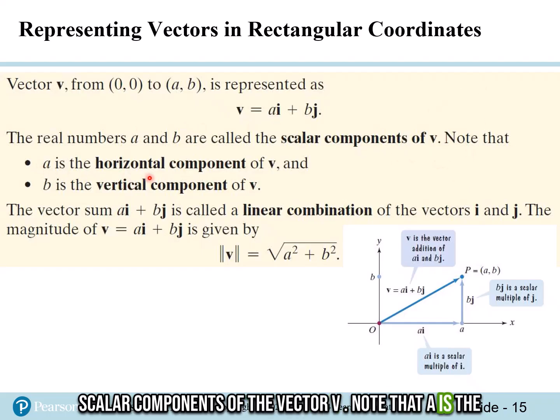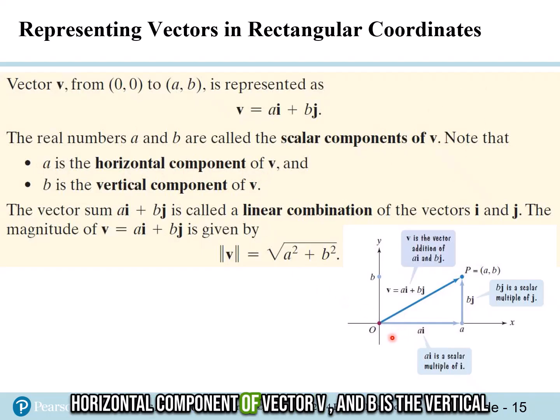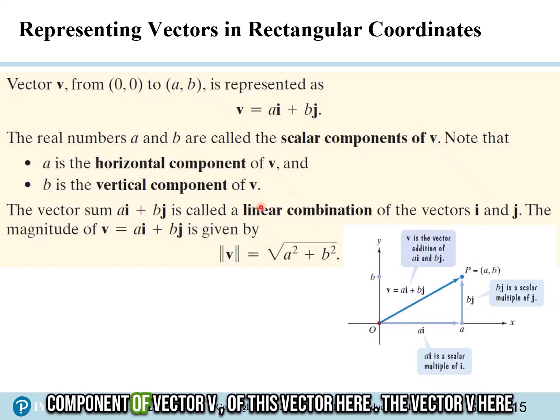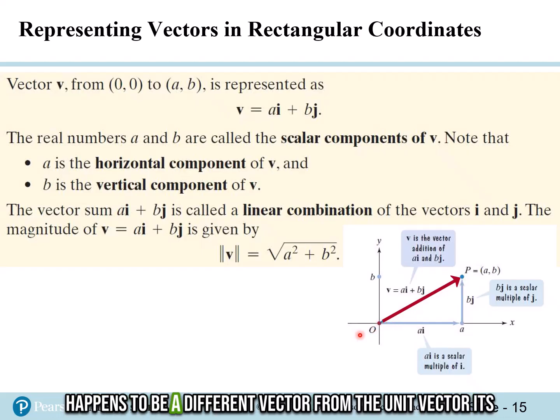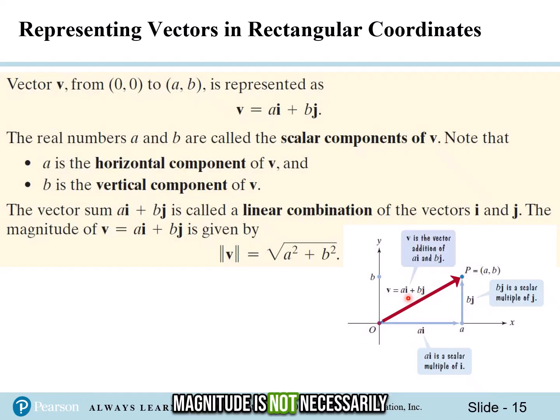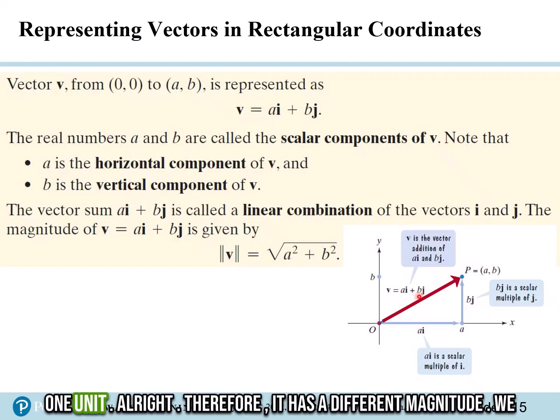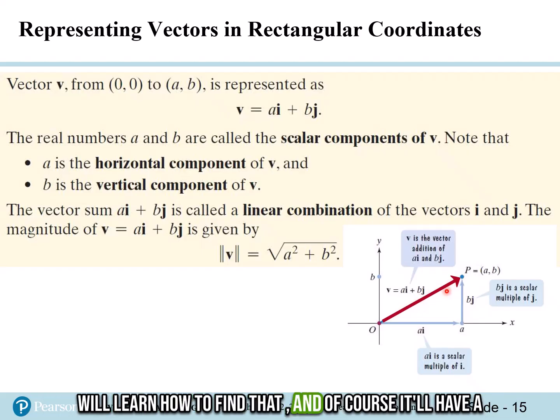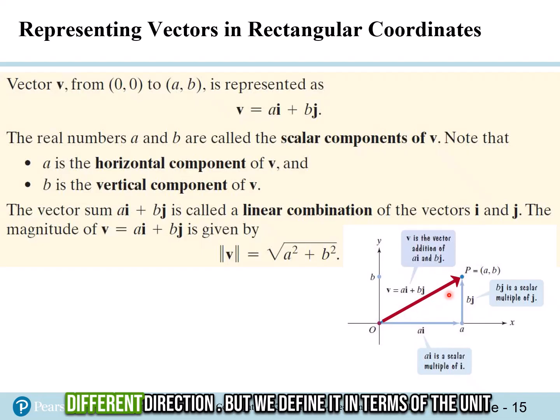Note that a is the horizontal component of vector v and b is the vertical component of vector v, of this vector here. The vector v here happens to be a different vector from the unit vector. Its magnitude is not necessarily 1 unit, all right? Therefore, it has a different magnitude. We will learn how to find that, and of course, it'll have a different direction.